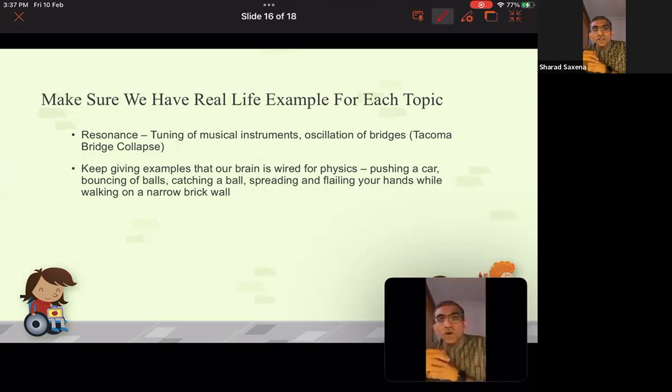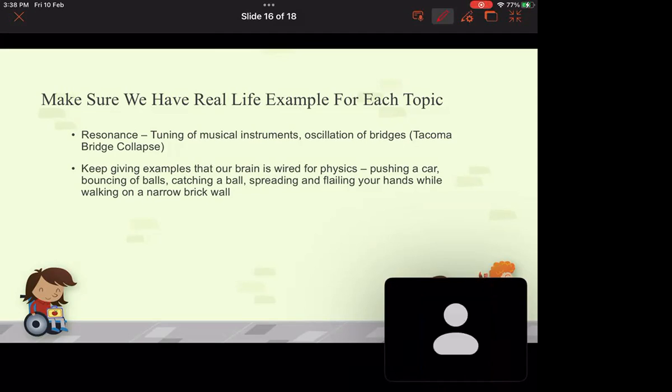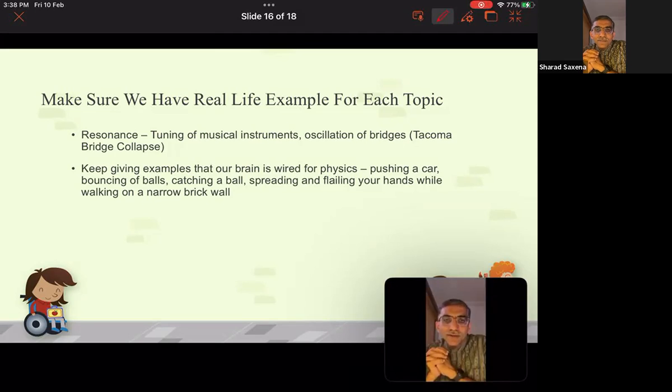You extend it beyond that. We study in physics that when armies are crossing bridges, they are asked to break their steps. Otherwise, the bridge may fall. Yes, I was taught that, but I never understood at that point in time why it is so.